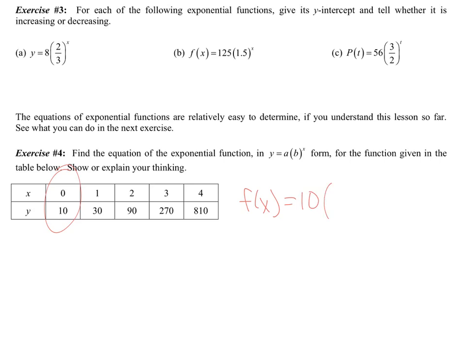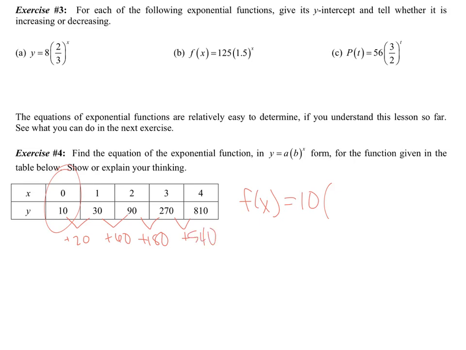Now we need to figure out what's happening each time. So from 10 to 30 is plus 20, 30 to 90 is plus 60, 90 to 270 is plus 180, and 270 to 810 is plus 540.